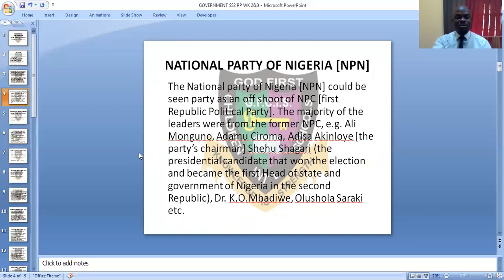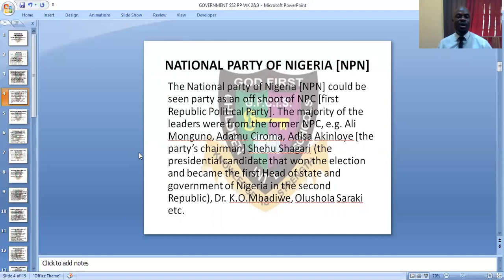The first party we have to look at here is the National Party of Nigeria, NPN. The National Party of Nigeria happened to be an offshoot of NPC, the First Republic party, and the majority of the leaders were also from NPC.